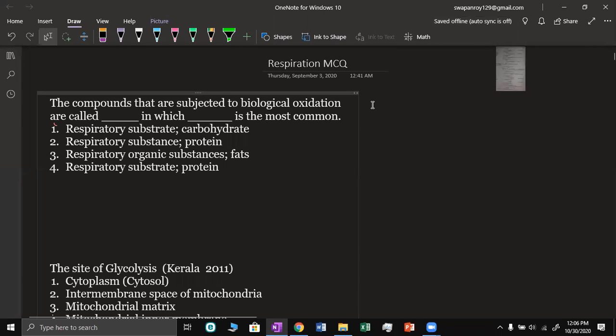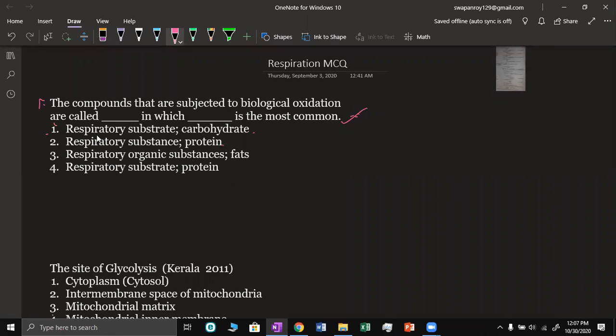Let us see the first question related to biological oxidation, in which dash is the most common. The options here are: respiratory substrate, carbohydrate, and respiratory substrate, protein.